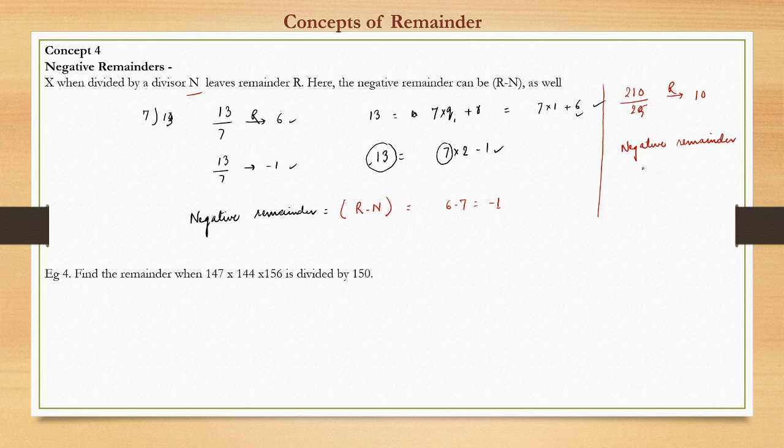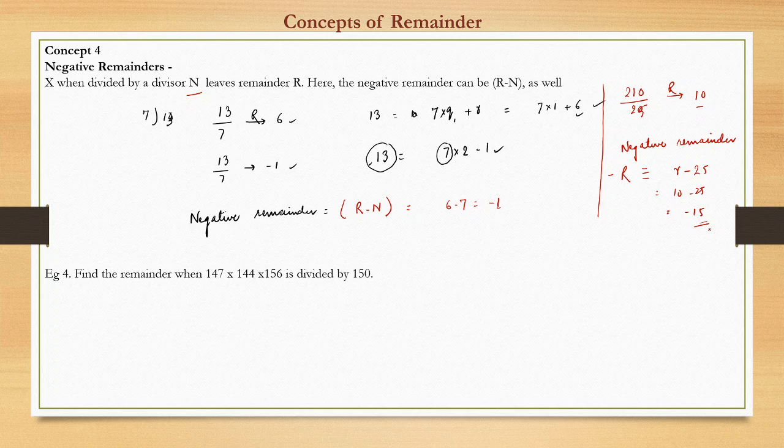It would be nothing but this positive remainder r minus the divisor, which is 25. So 10 minus 25 is minus 15. So this is the negative remainder.